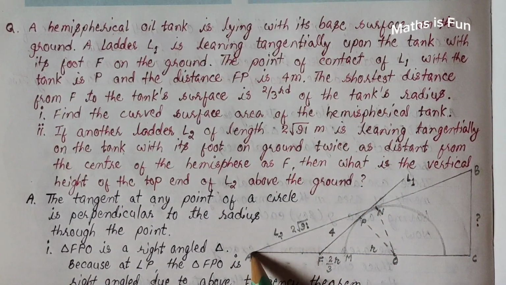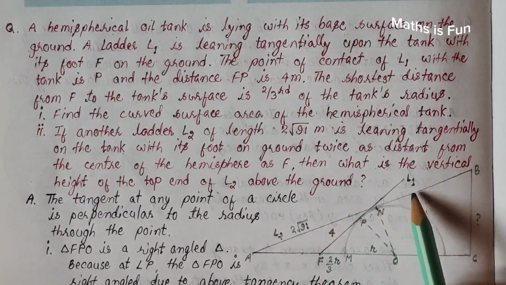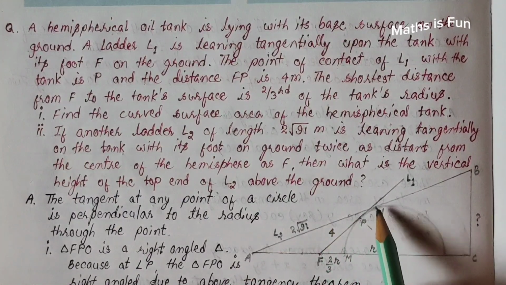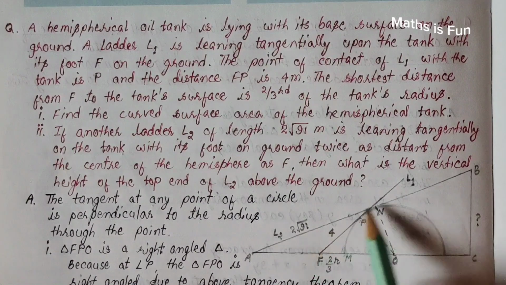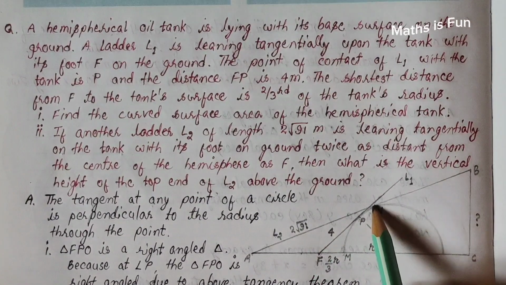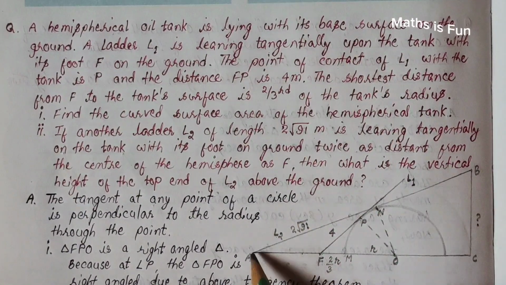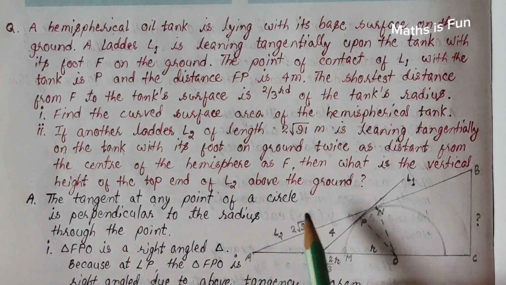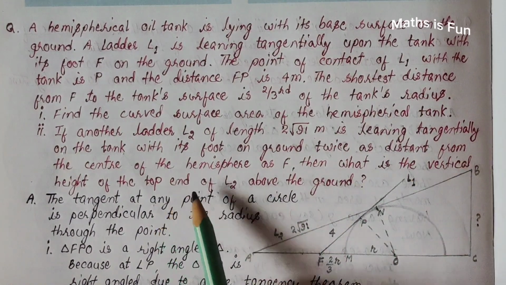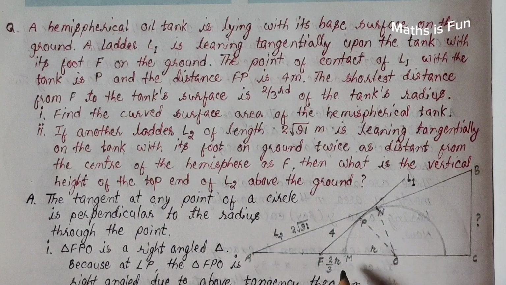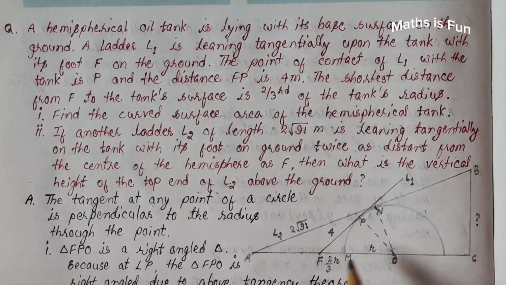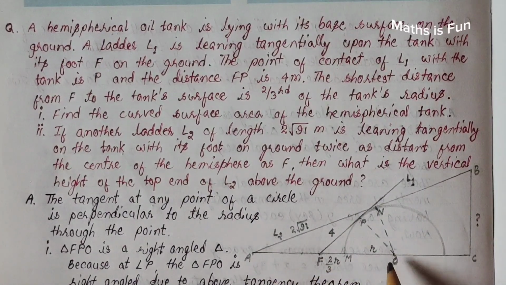Its foot is A. It is also lying tangentially, meaning there is only one point of contact between this hemisphere and this ladder, and that point of contact is N. Then it says that its foot is twice as distant from the center of the hemisphere as F. That means if FO is 1, then AO is 2.